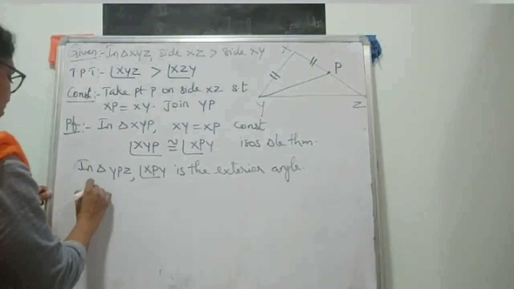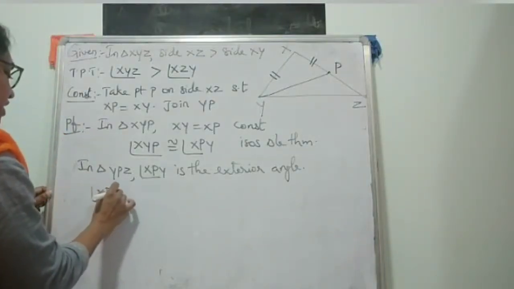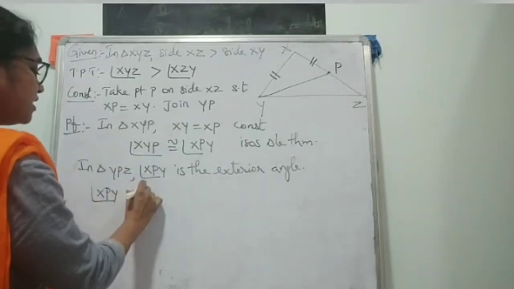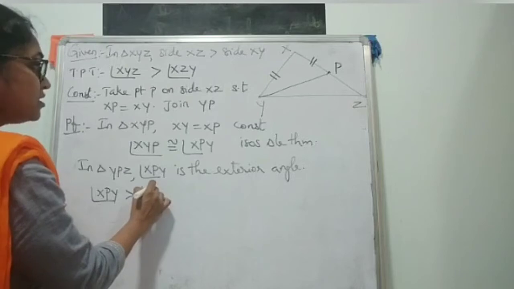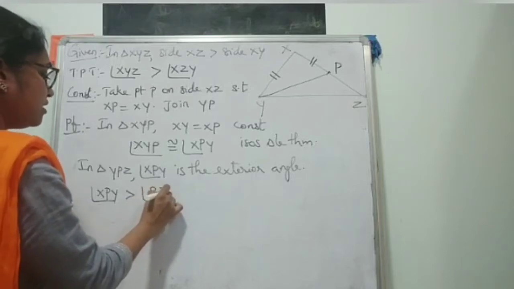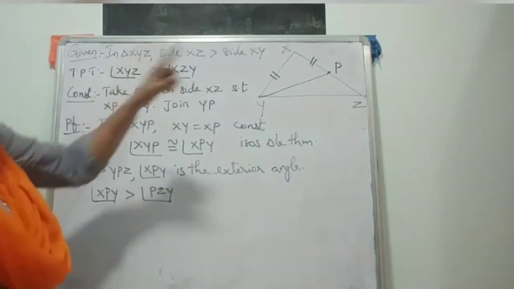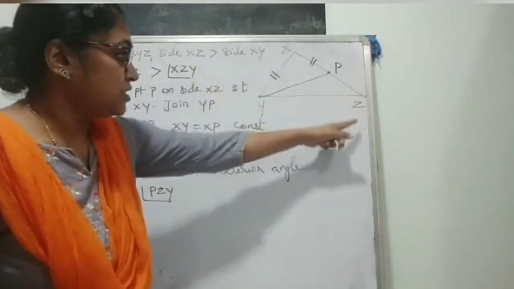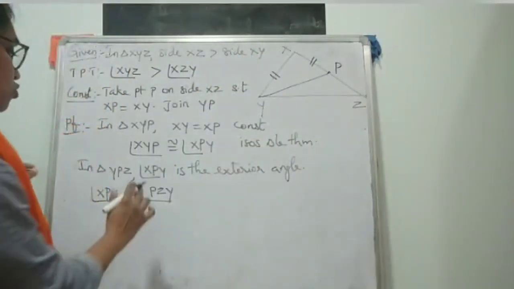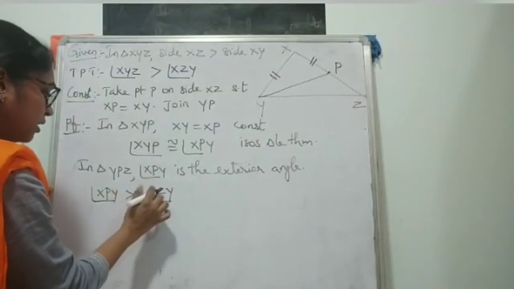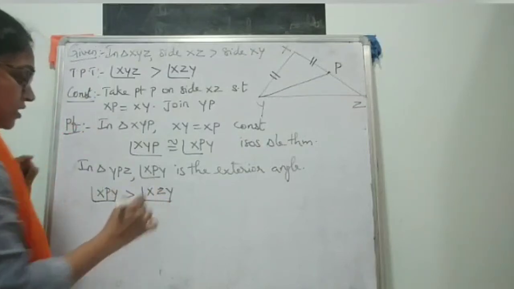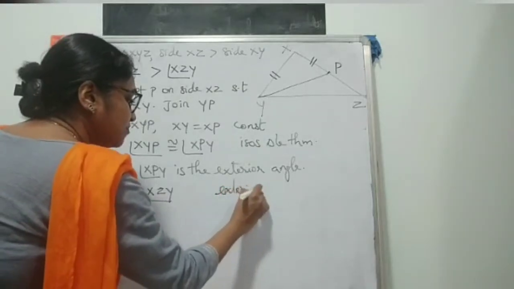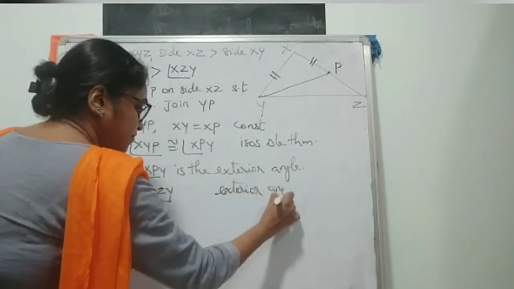So angle XPY, which is the exterior angle, will be greater than the remote interior angle PZY. Now PZY can also be written as XZY; it is one and the same. So instead of writing PZY, I am taking it as XZY, by using your exterior angle property.